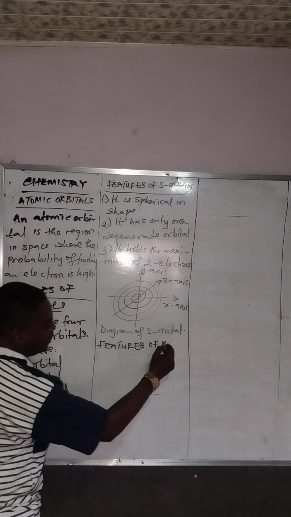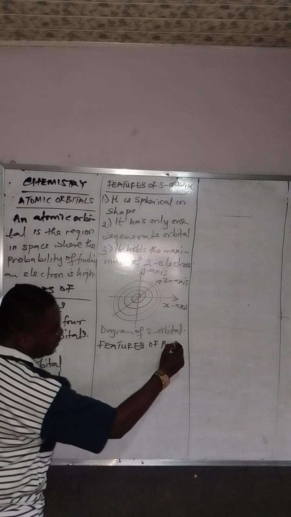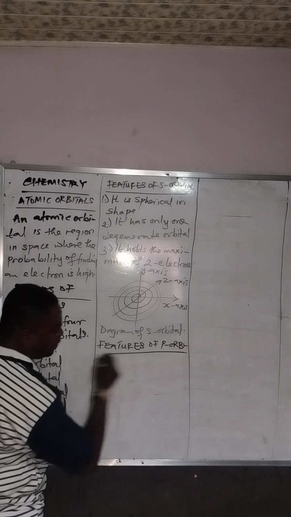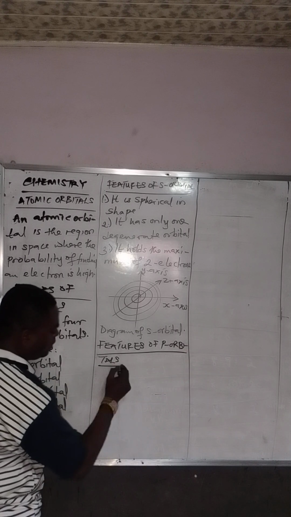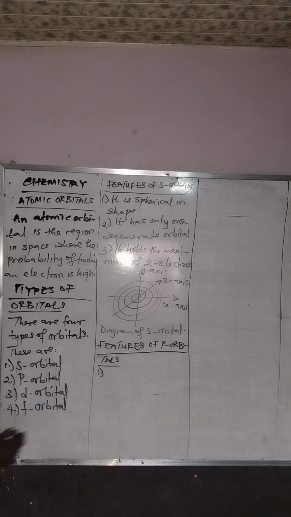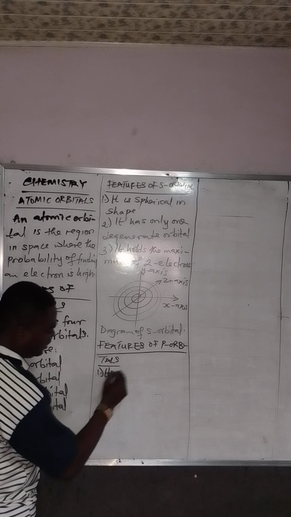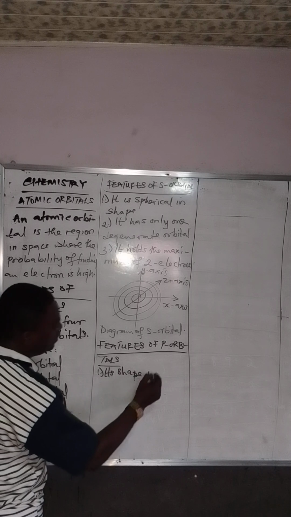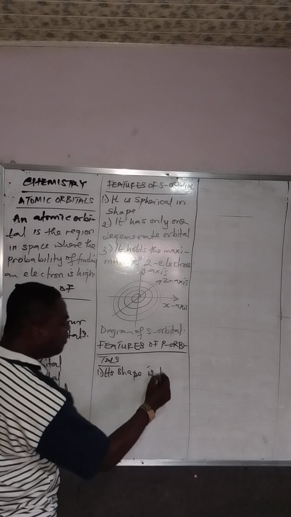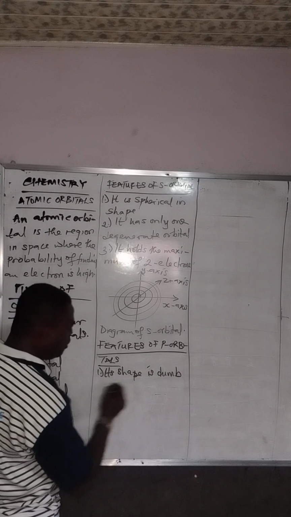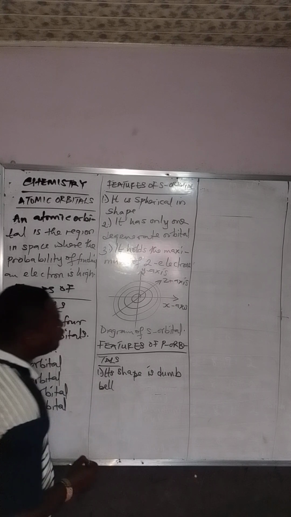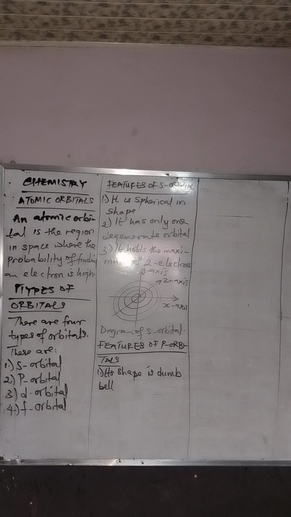Now let's look at features of p orbitals. Number one, the shape of s orbital is spherical, but the shape of p is dumbbell. A bell that cannot talk, that cannot speak.